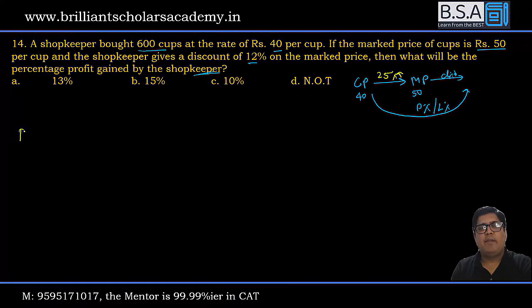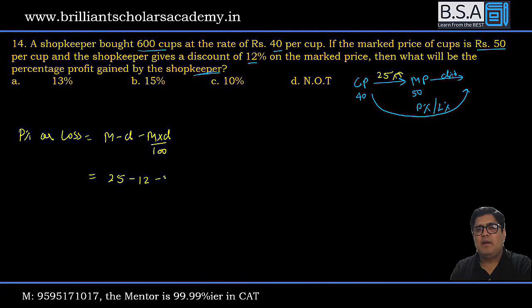So the profit or loss percentage would be markup minus discount minus markup into discount upon 100, which would be 25 minus 12 minus 25 into 12 upon 100.